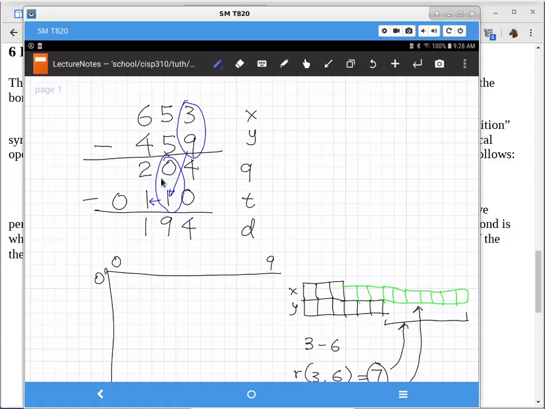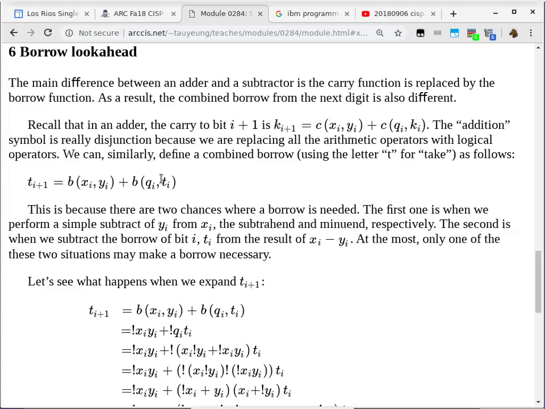So now the question is, ti plus 1, which is the borrow of the next column, depends on xi minus yi. That's one way to contribute a borrow. But it is also dependent on qi minus ti, which can also contribute a borrow.